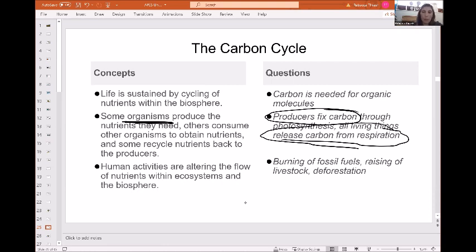So it's really important here that we have a lot of primary producers to absorb this carbon and produce biomass. And what are the human activities? Burning fossil fuels, deforestation, and even our agricultural practices like raising livestock increase the amount of CO2.